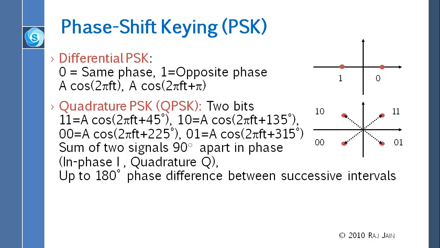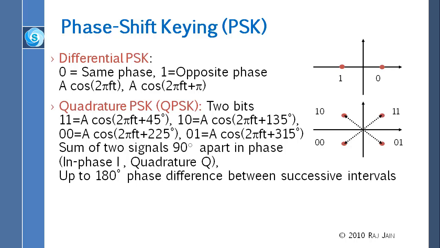So this is one way of indicating, and this coding is, by the way, called differential PSK. PSK stands for phase shift keying. We are going to just change the phase. And differential means basically if it's the same phase as before, then it is 0, and if it is opposite phase, then it is 1. So that is the differential PSK.